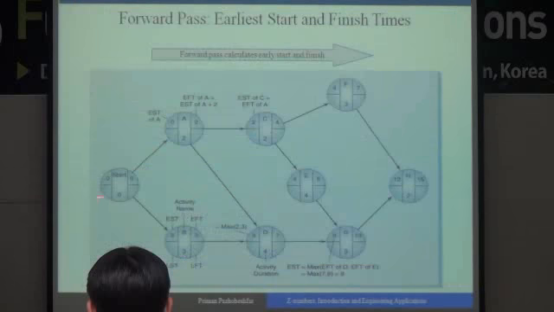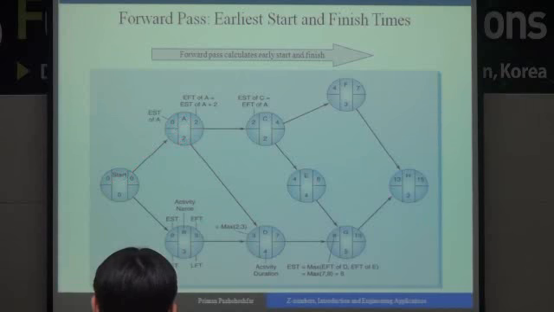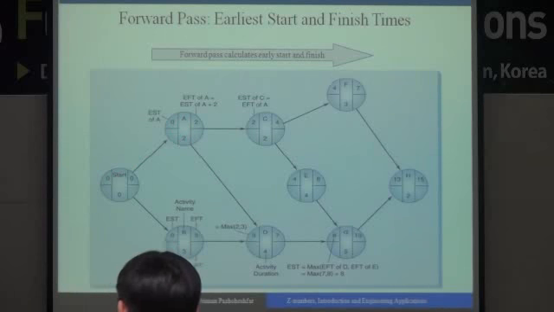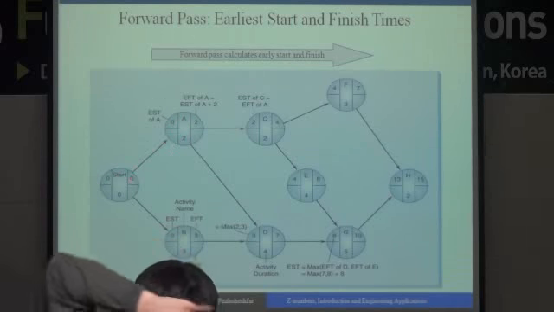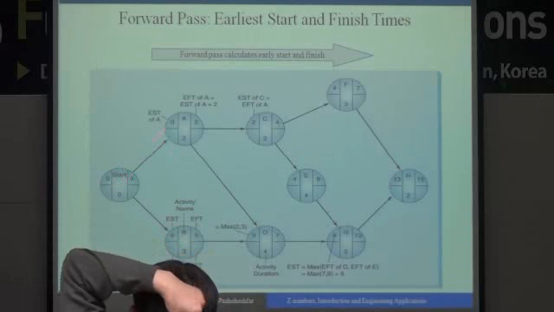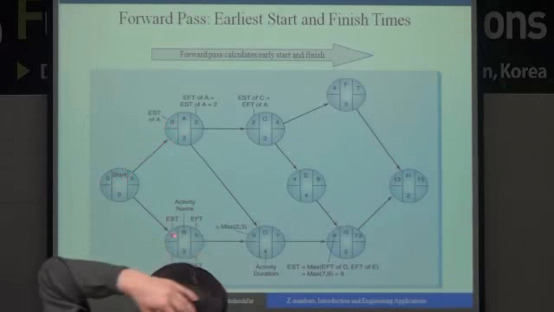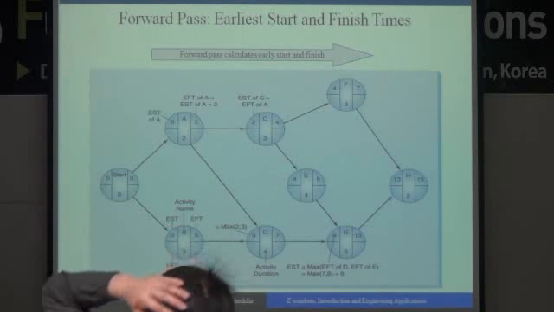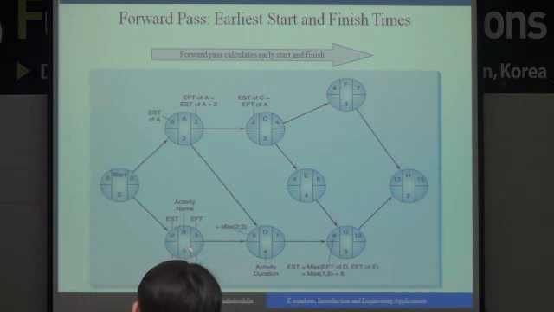For example, as you see, it's now time 0. Activity A has, for example, 2 days duration, and its earliest start time is equal to 0, because it has no precedent. So this activity will start and finish in 0 plus 3, which is 3 days.